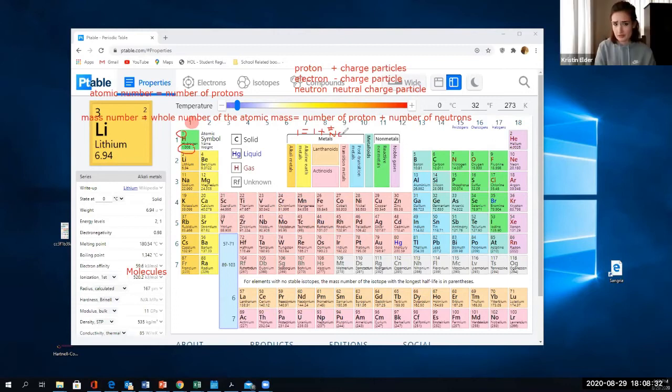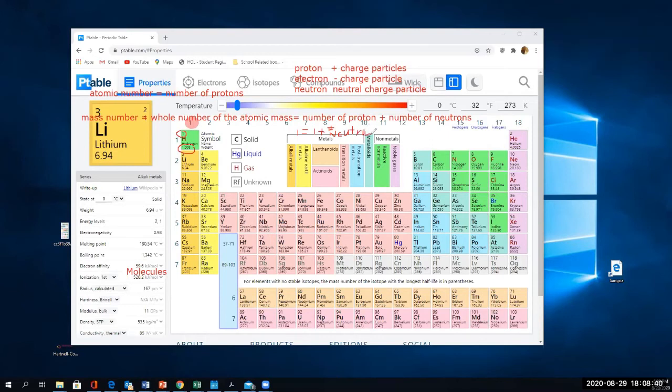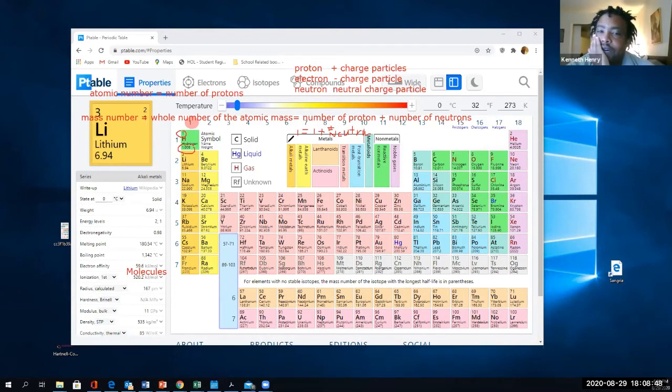It's just 0. Because 0 plus 1 equals 1. If I said it was 1, I'd get 1 plus 1 equals 1. Is that true? No. And if I said negative, that would give me 0 over here, and that's 1. That wouldn't be true either. And plus, you can't have a negative neutron.